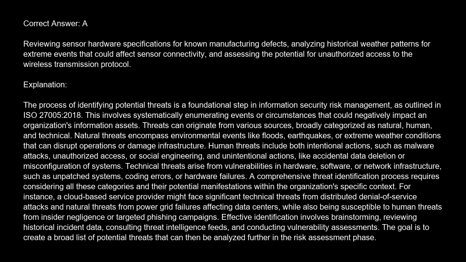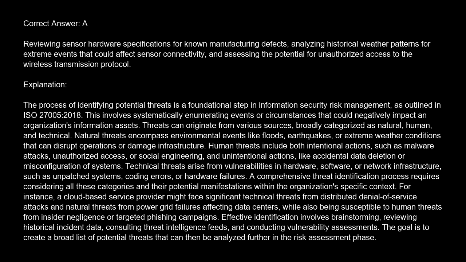Threats can originate from various sources, broadly categorized as natural, human, and technical. Natural threats encompass environmental events like floods, earthquakes, or extreme weather conditions that can disrupt operations or damage infrastructure. Human threats include both intentional actions, such as malware attacks, unauthorized access or social engineering, and unintentional actions, like accidental data deletion or misconfiguration of systems.